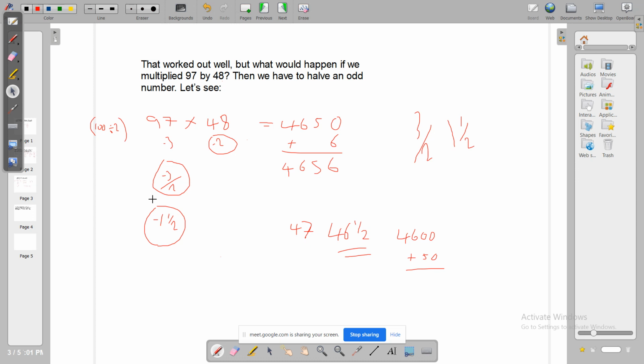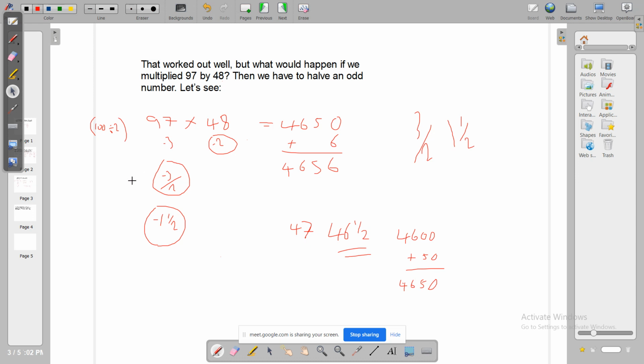Okay, so if I add them, I will have 4, 6, 5, 0, right? Do you understand? So that's why we got this number here, 4,650.